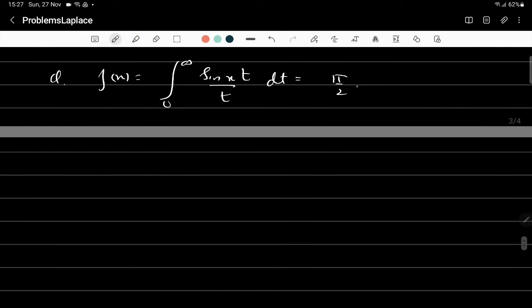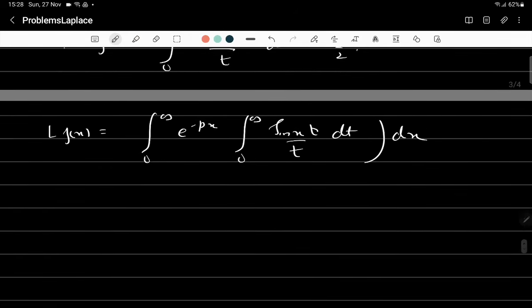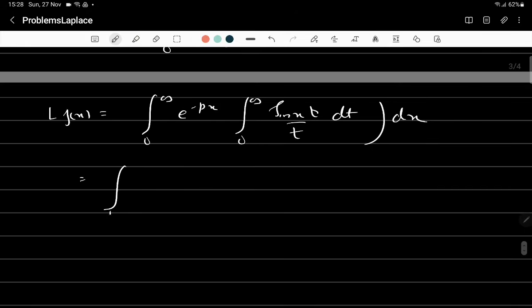So try it, use the same approach, find the Laplace of f of x and then use the change of integration. So this is dx. Now if you change the integration, then you will have the Laplace of sine xt. So e raised to power minus px sine xt dx and then 1 by t dt.